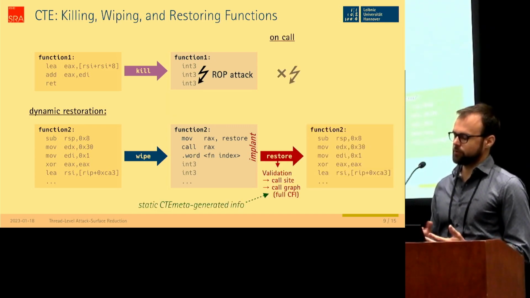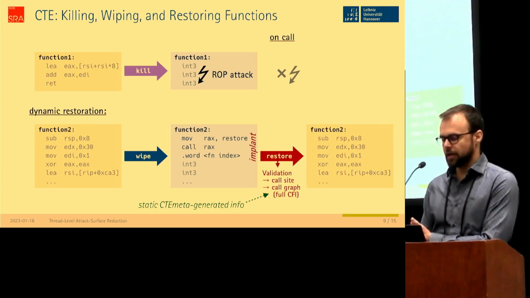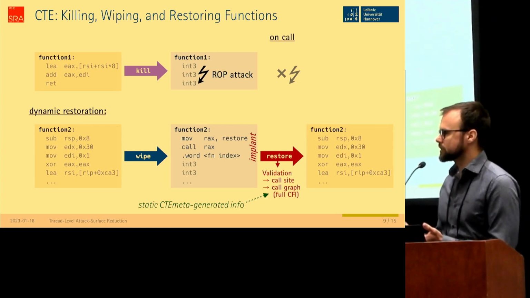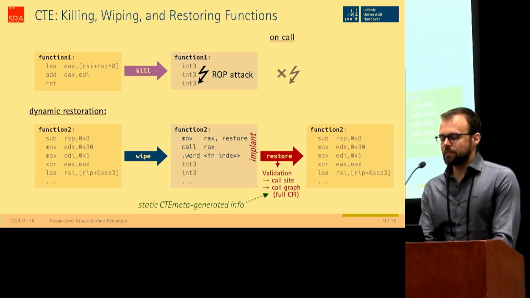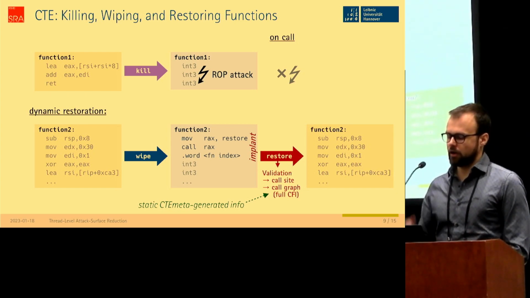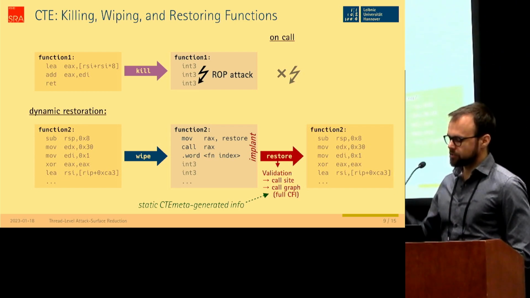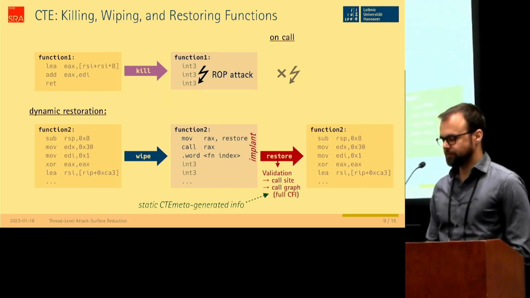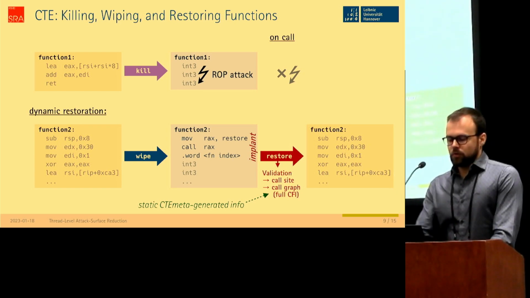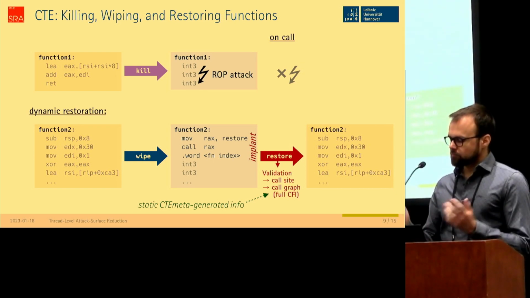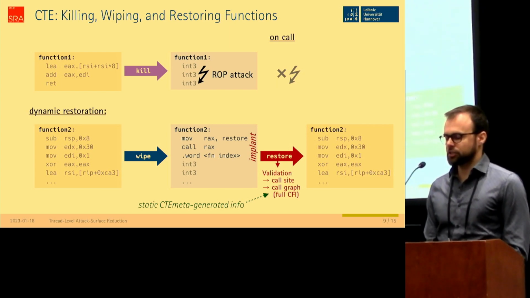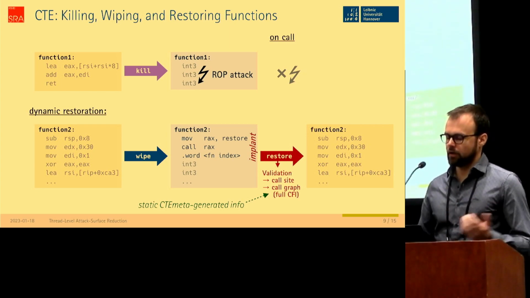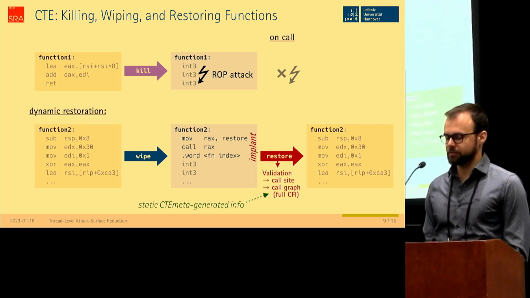It checks if we come from a valid call site based on the return address on the stack, and then it does a call graph validation based on the statically gathered CTE meta information. When the checks were successful, then it restores the function bodies from a non-executable safe place.